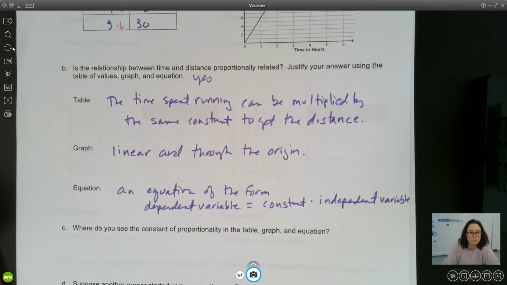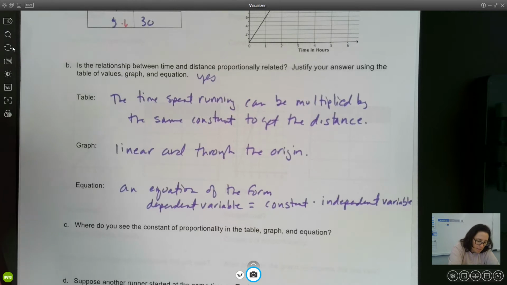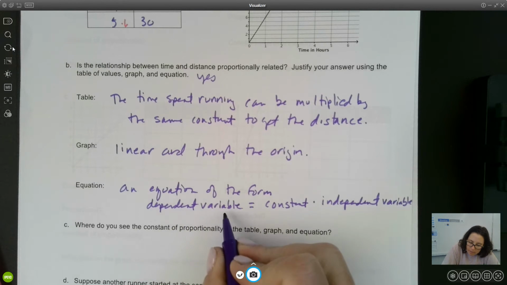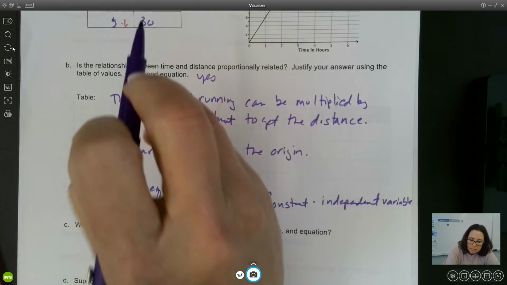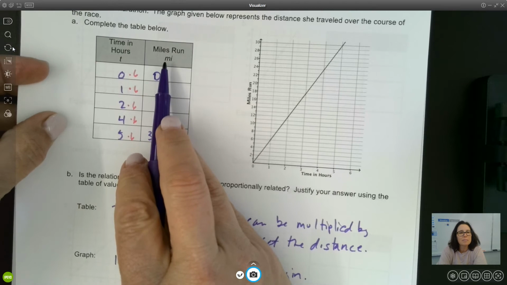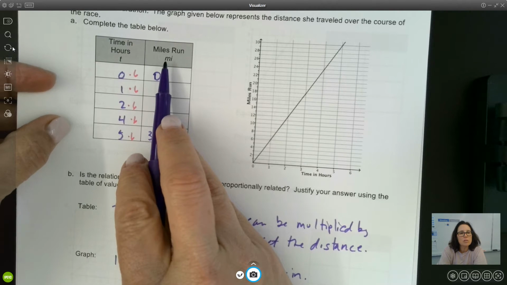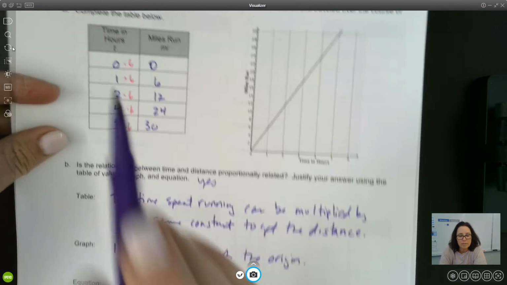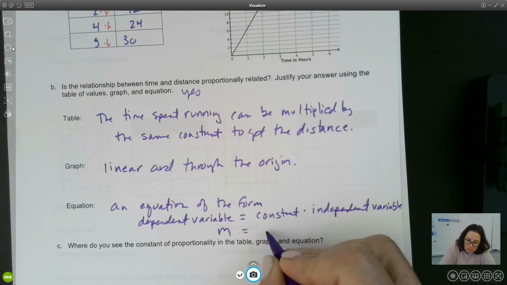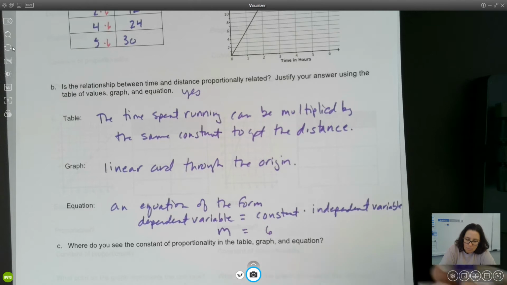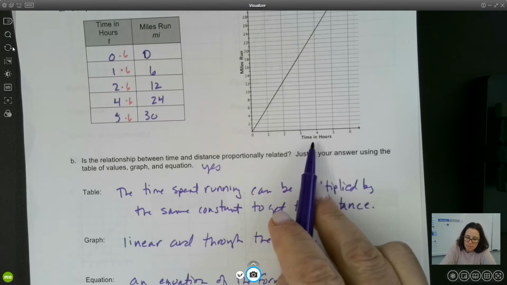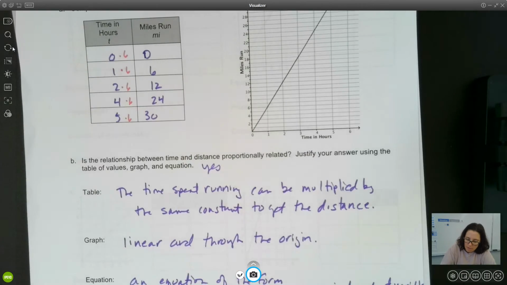There. Okay, in this case, the dependent variable, let me scooch it back down, the dependent variable is, I'm going to use M for miles, equals 6, and then the independent variable is T for time. T for time.